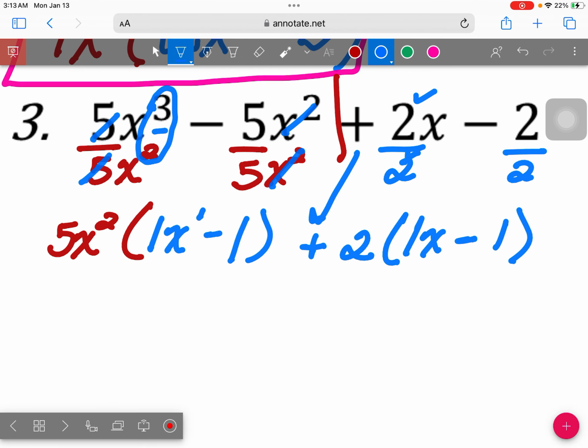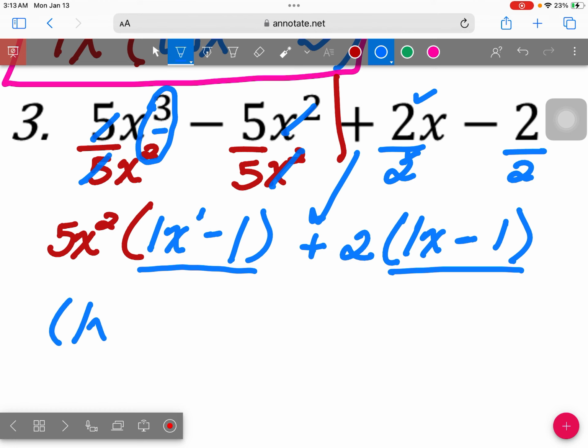Looking at this, I have a product of two terms plus a product of two terms, and this is the term that is common to both, so that essentially becomes my greatest common factor. It's definitely common, so I really would like to see in the future you take that and factor it out in front.